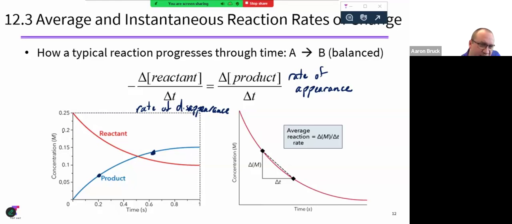and doing just a bit of estimating here, 0.075, 0.125, the change in molarity would be final minus initial.